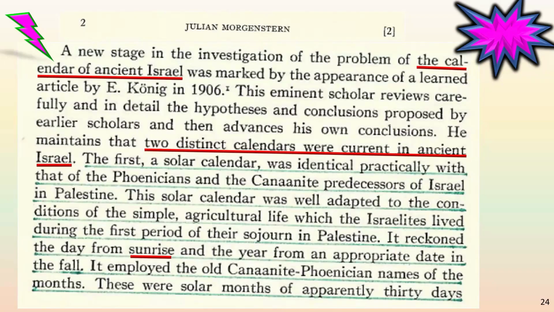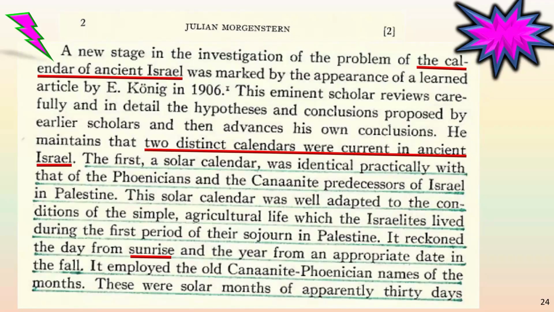He maintains that two distinct calendars were current in ancient Israel. Not one, but two. The first, it was a solar calendar. It was identical practically with that of the Phoenicians and the Canaanite predecessors of Israel in Palestine.